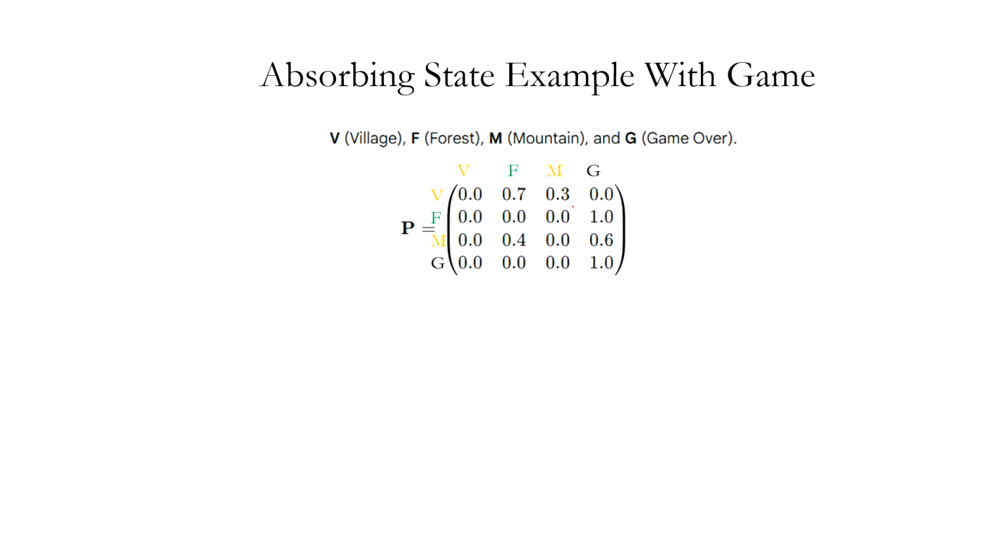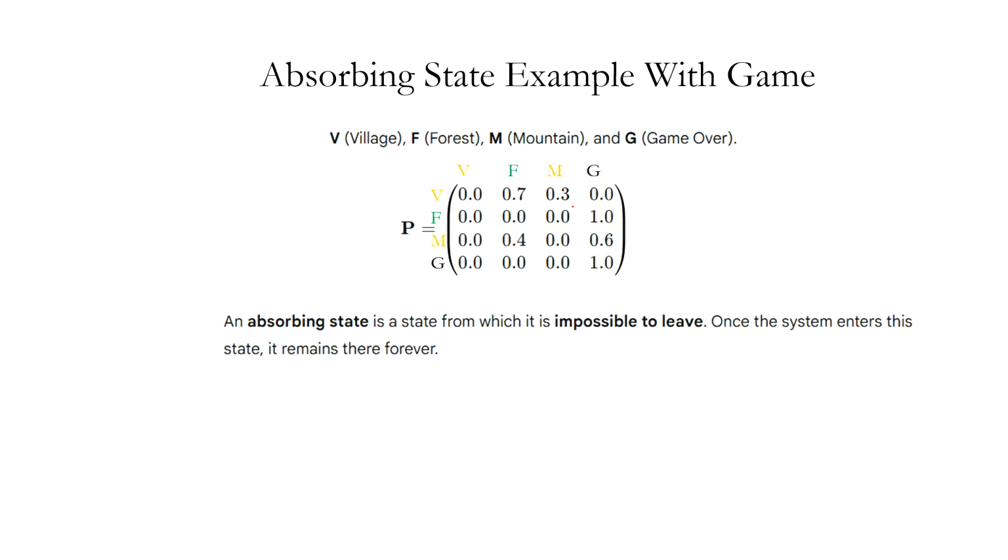V to V. You've got F to M, F to G, which is 1.0, which is an absorbing state, where it's game over. We've got G to G, which is definitely game over, right? Which is 1.0. That's an absorbing state, okay? And again, absorbing state is a state from which it is impossible to leave. Once the system enters into the state, it remains there forever.